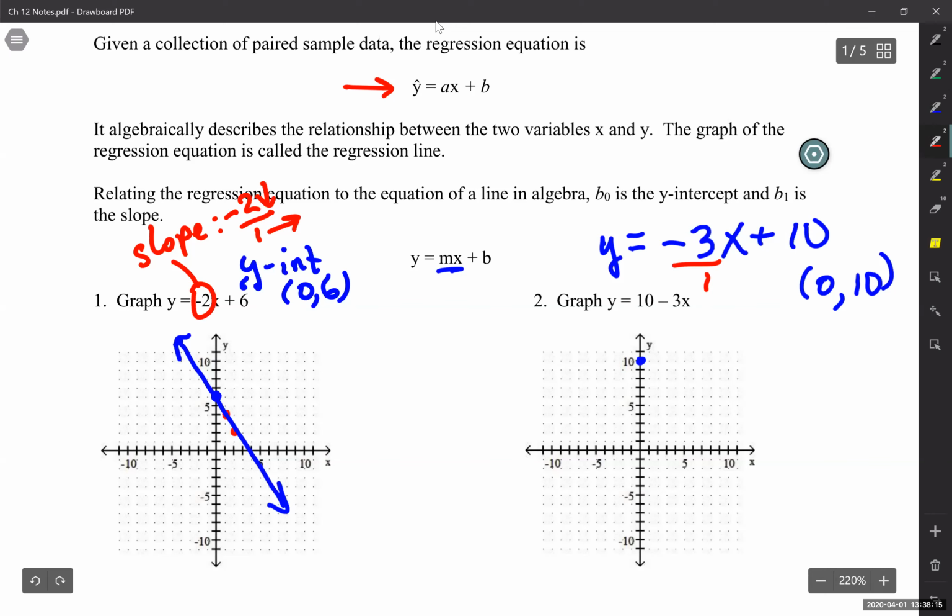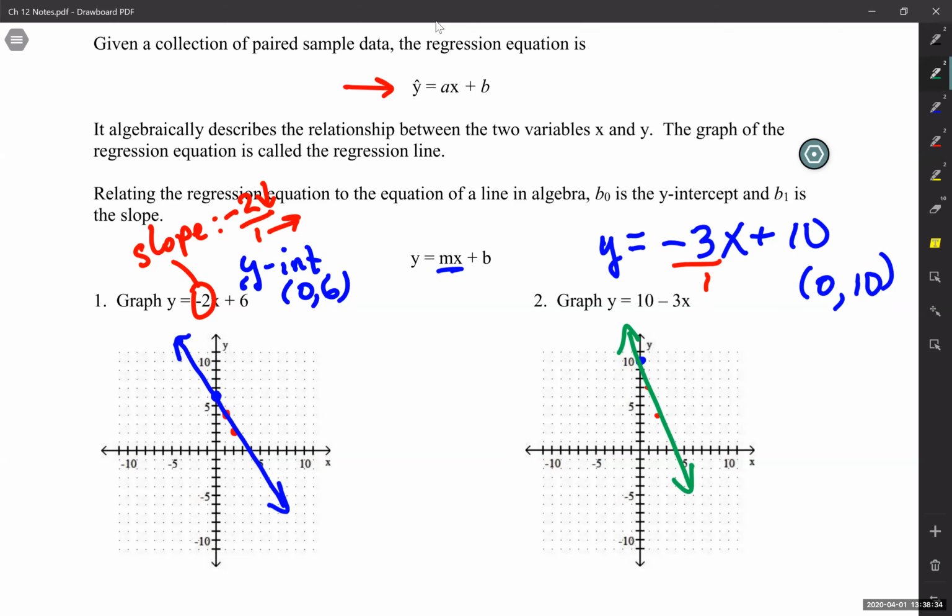So I'm going to go down 3, over 1, and connect the dots because we are making a straight line. And there's our graph of our linear equation.